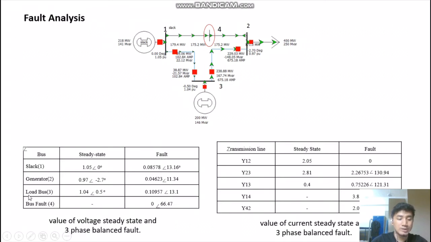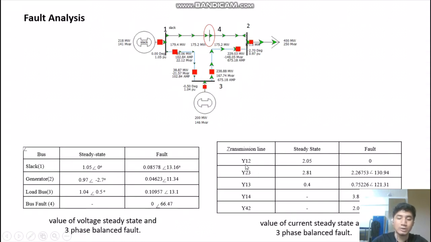For the bus fault in steady state, initially it wasn't there. After the fault, the voltage becomes 0. The phase angle is 66.47.